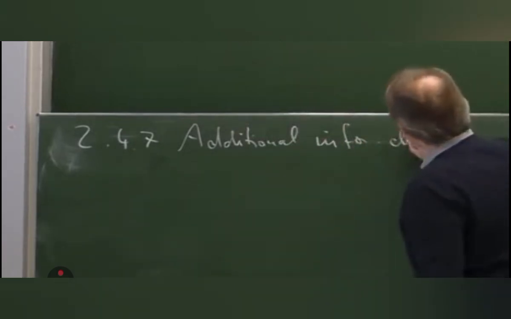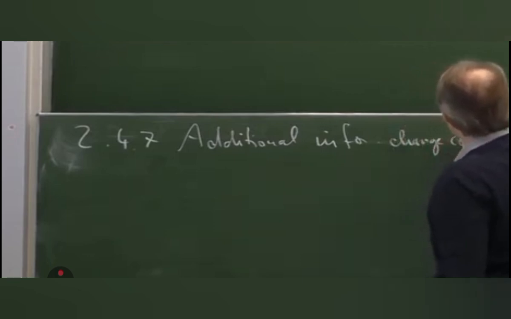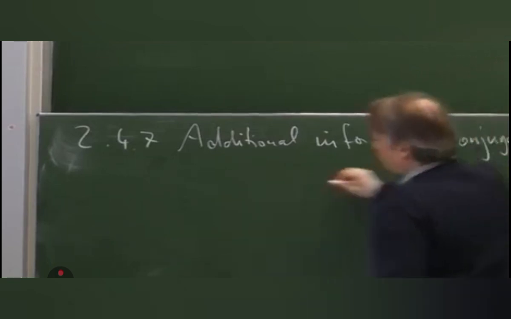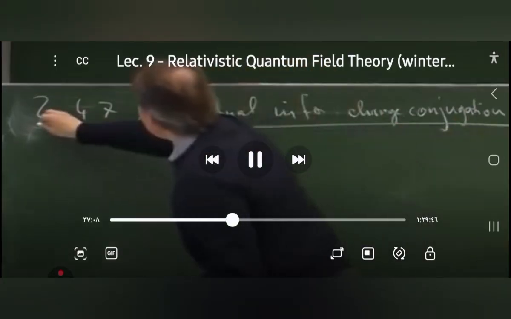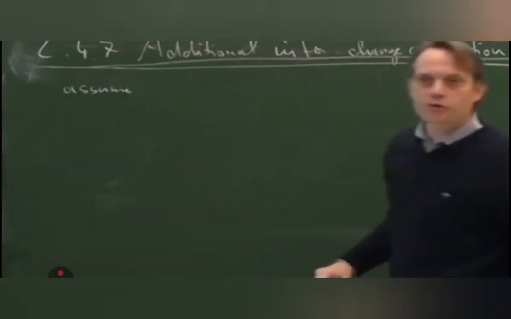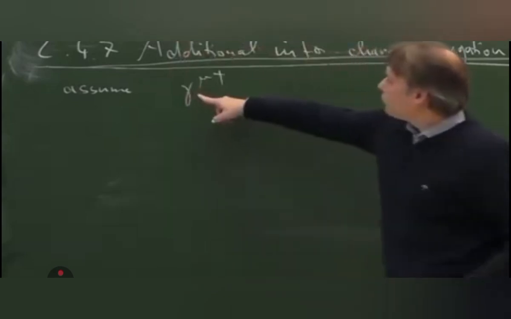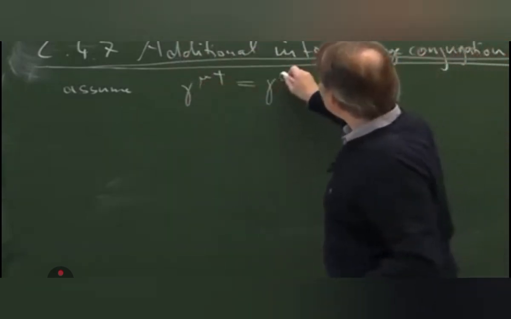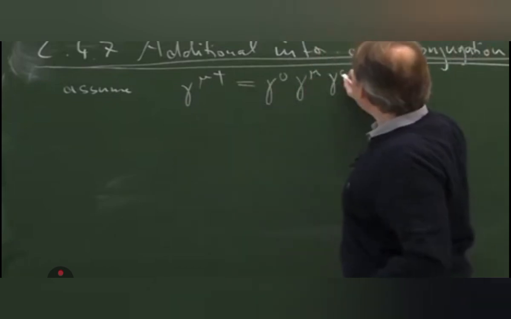The first is charge conjugation. We specifically choose here a certain representation of the gamma matrices which satisfies the following, namely the Hermitian conjugate of gamma^mu should be gamma^0 gamma^mu gamma^0.